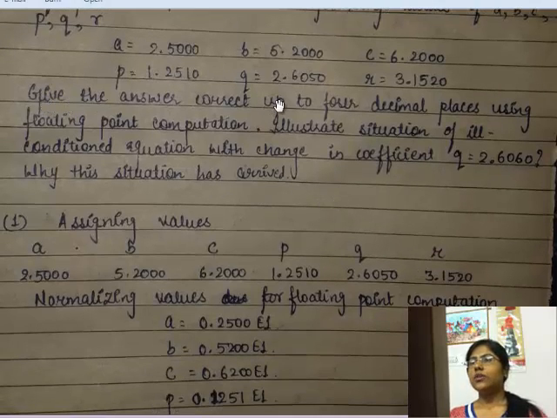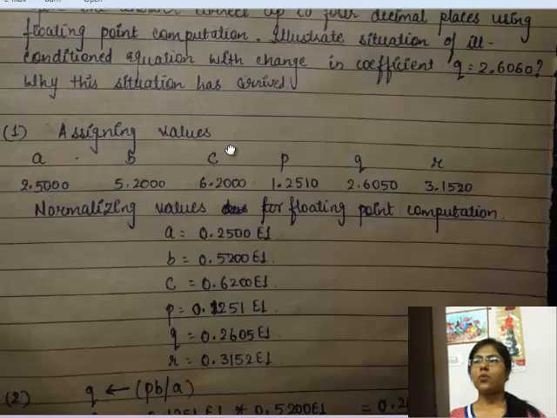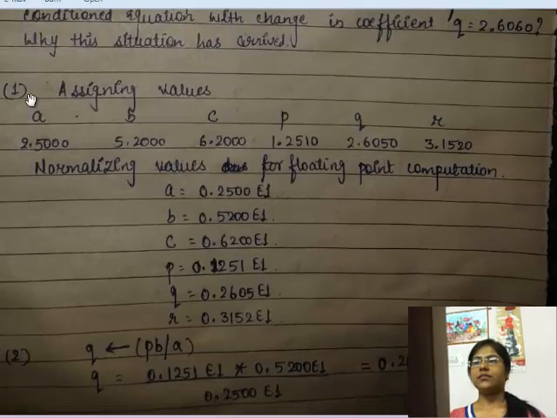We need to give the answer correct up to 4 decimal places using floating point computation, and illustrate the situation of an ill-conditioned equation with the change in coefficient q to 2.6060, and explain why this kind of situation has arisen.